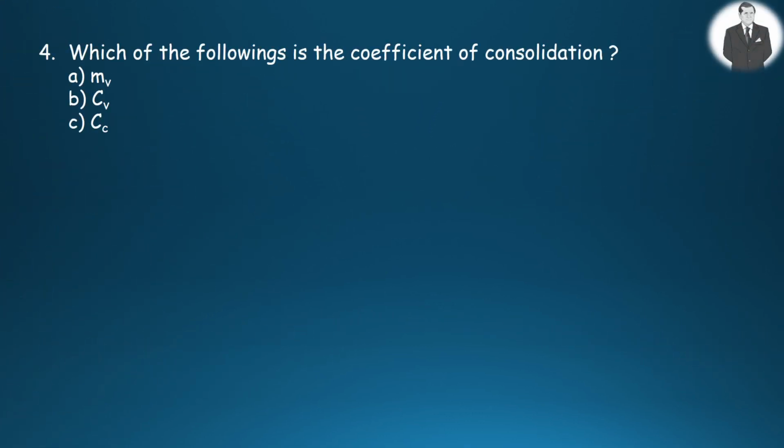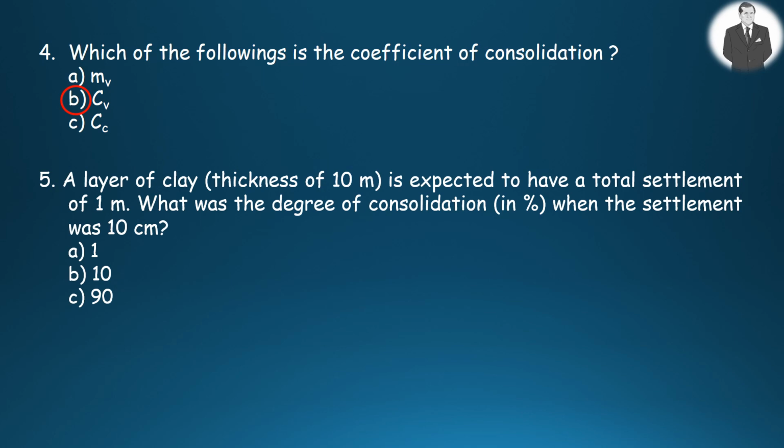Which of the following is the coefficient of consolidation? Easy for you? Yes, the answer is B. The fifth question: a layer of clay whose thickness is 10 meter is expected to have a total settlement of 1 meter. What was the degree of consolidation when the settlement was 10 centimeter? This should be easy for you. It's a very simple calculation.